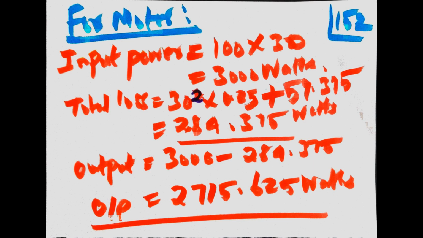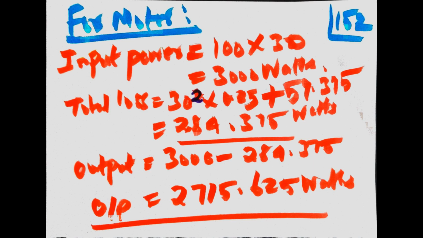For the motor, input power is equal to 100 into 30, 3000 watts. Total loss is equal to IA² RA, with motor IA 30 ampere and RA 0.25: 30² into 0.25 plus constant loss 59.375. Total loss we calculated is 284.375 watts. Output is input minus total losses: 3000 minus 284.375.